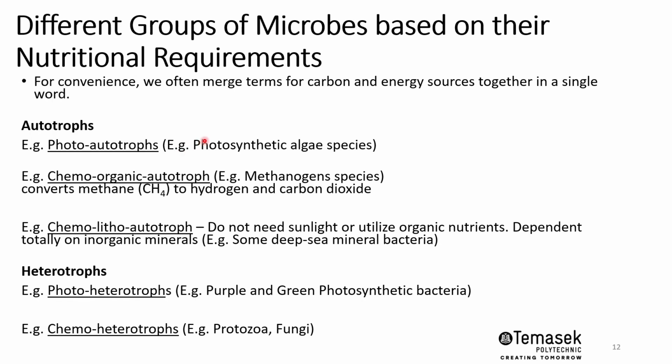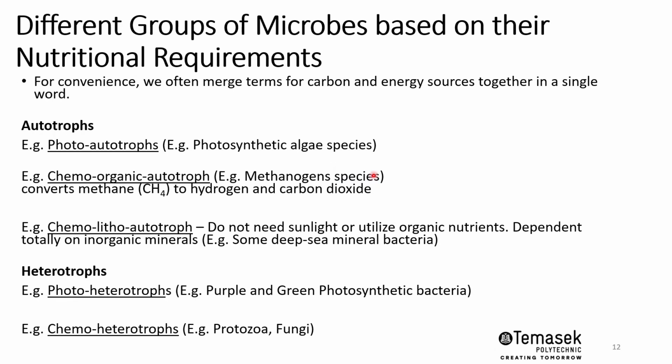So for the sake of convenience, often we will combine the terms for the utilization of the carbon and the energy sources together in a single word. For example, for autotrophs, we're looking at photoautotrophs, telling you that they are utilizing sunlight as their energy source.